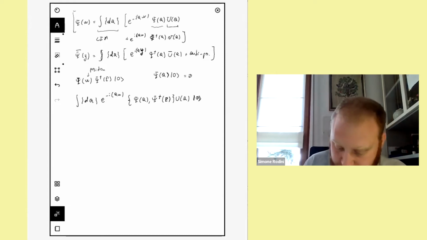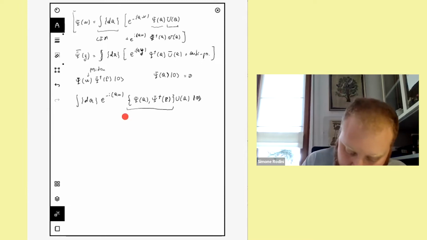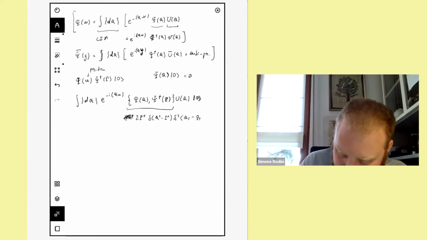One of the exercises: once you know what this commutator is on the light front, it is just 2p plus delta of q plus minus p plus, delta 2-dimensional of qt minus pt, and then 2 by q.